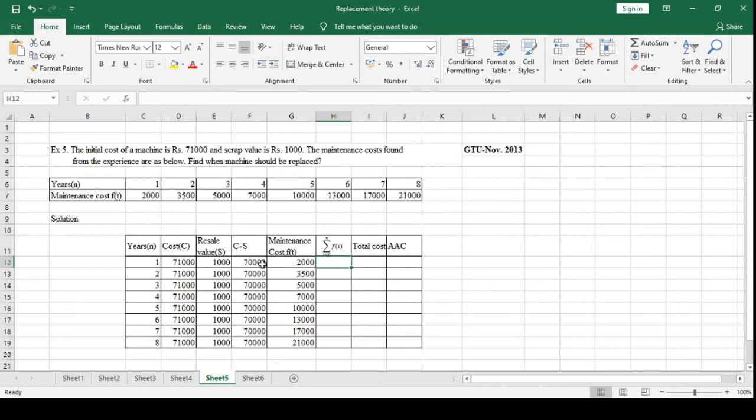Okay, now we'll do the summation of maintenance cost, that is, the cumulative maintenance cost. So for the first year it is 2,000, for the second year 2,000 plus 3,500, so our answer will be 5,500. Similarly we will keep on adding each and every year.